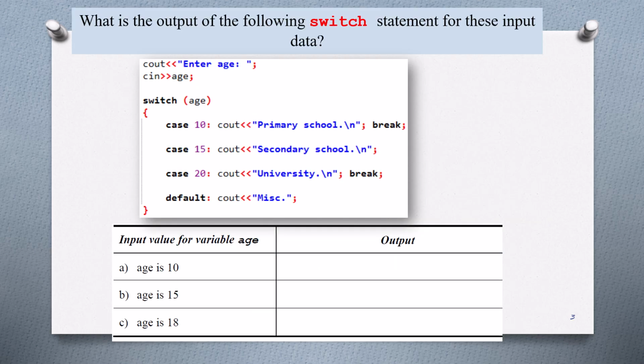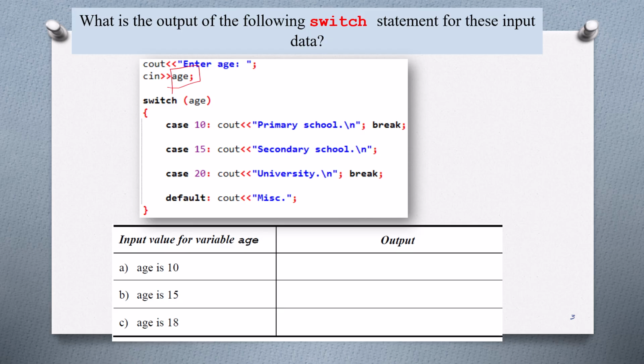Next one, what is the output of the following switch statement? It asks you to display the result, so check the age, the value stored in age.